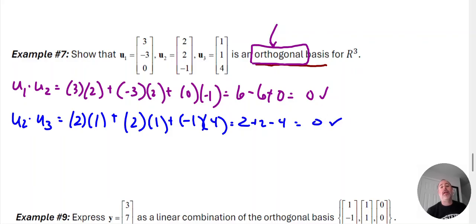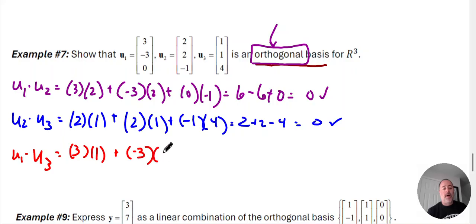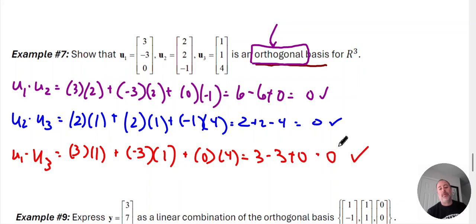We already know what these answers are going to be, so just do another quick verification. We're going to do U1 with U3. So we get 3 times 1, add to that -3 times 1, and then add to that 0 times 4. And we get positive 3 plus negative 3 plus 0 is equal to 0.